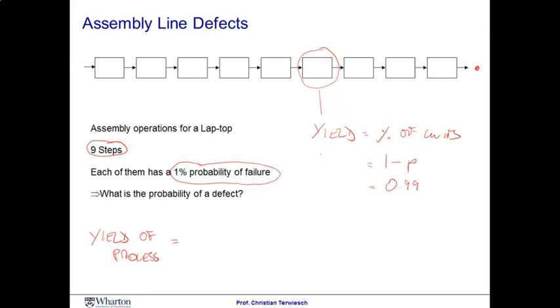In our case here, since we have a linear process flow diagram and a computer that comes out at the end has to be produced correctly at every one of the 9 steps, the yield is simply the product of the individual yields. In other words, it is 1 minus our defect probability of 1% raised to the power of 9, which is about 91%.